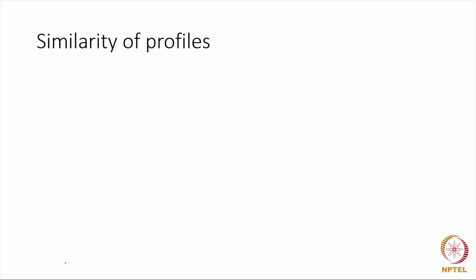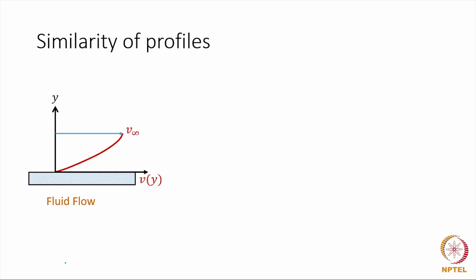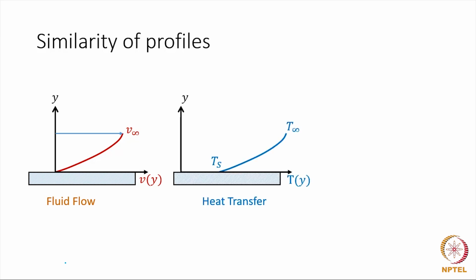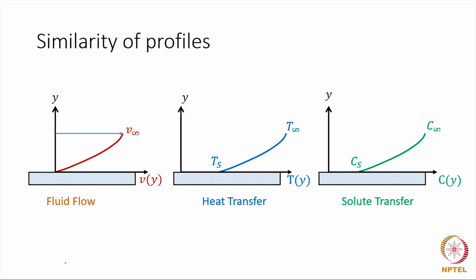There is a fluid which is on the surface of a solid, and at the interface we look at the profile of the velocity, the temperature field and solute field. So we draw the velocity profile as the velocity as a function of y, and we can also draw the thermal profile and the solute profile.